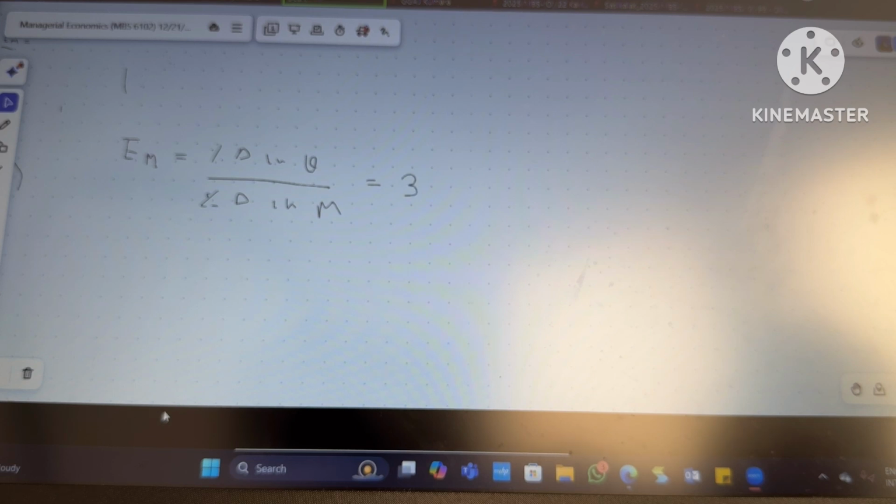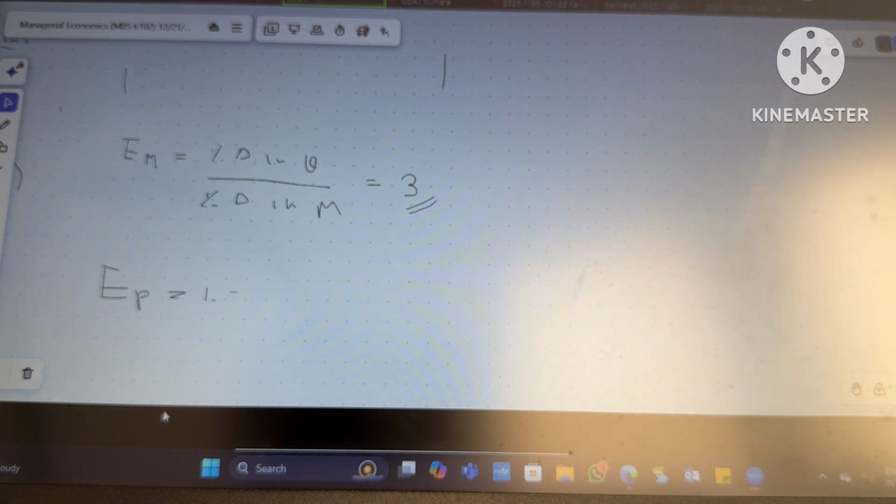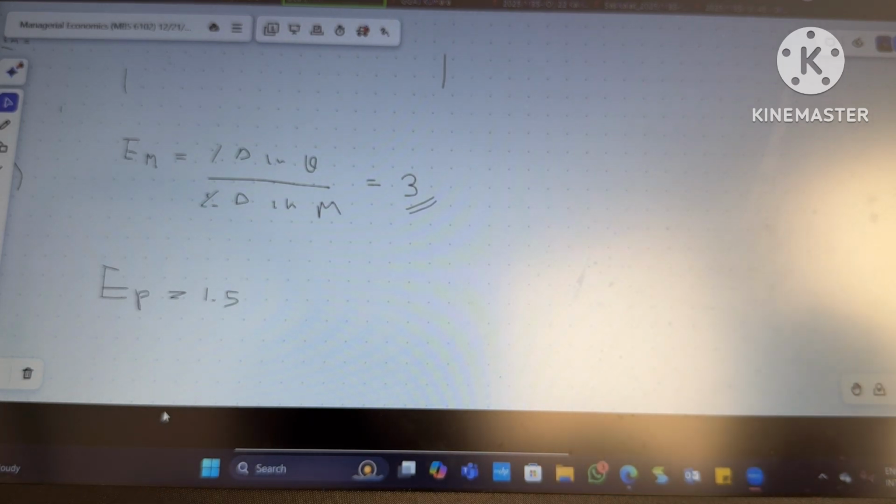Income elasticity for a particular product is 3. How can you interpret this number? Or else, if price elasticity of demand, I'm saying, is 1.5, what can you understand from this number?